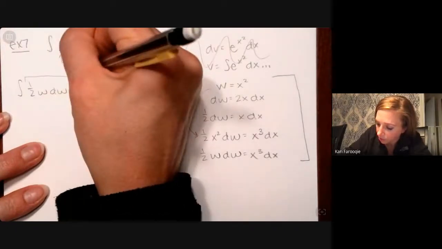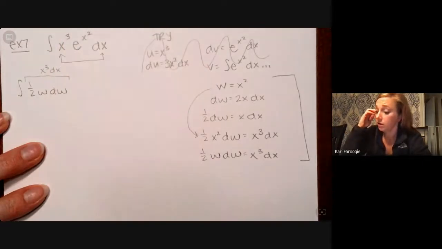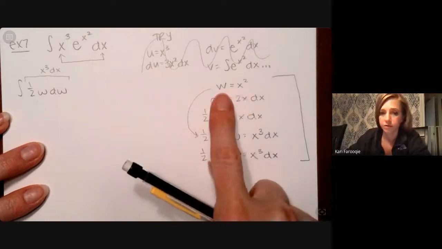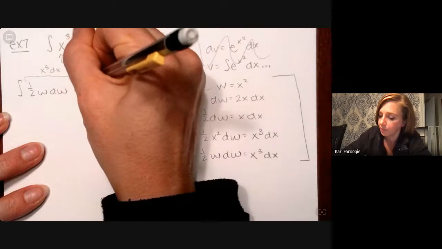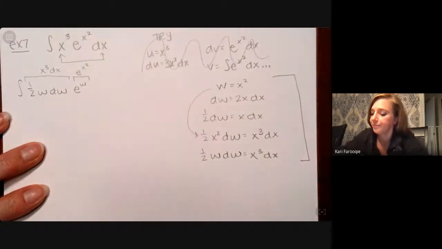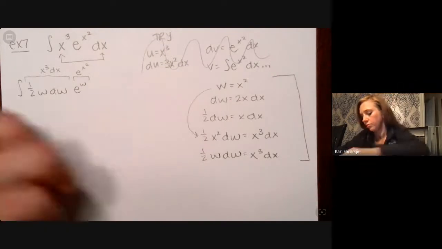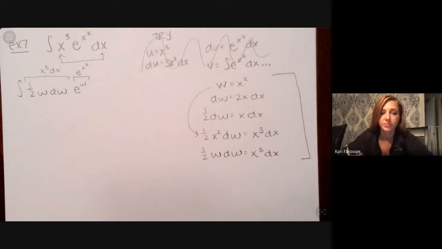That's your x cubed dx. And then e to the x squared, in this case, would be e to the w. And you would sort of just rewrite your integral using that new substitution.